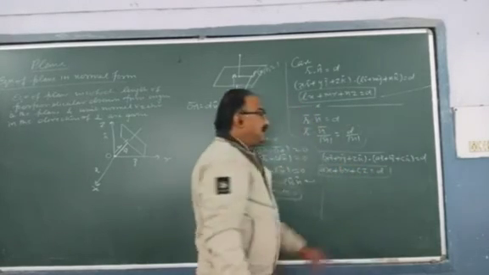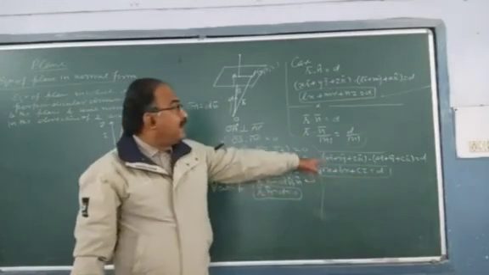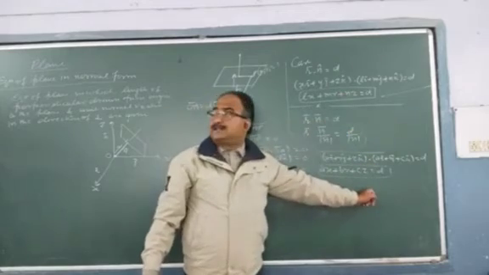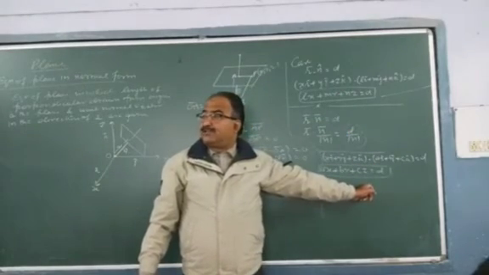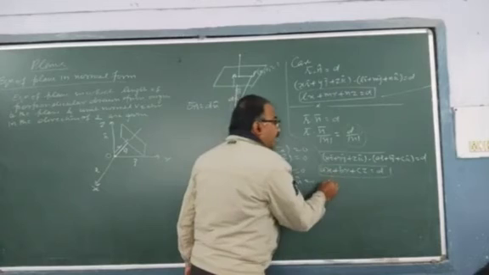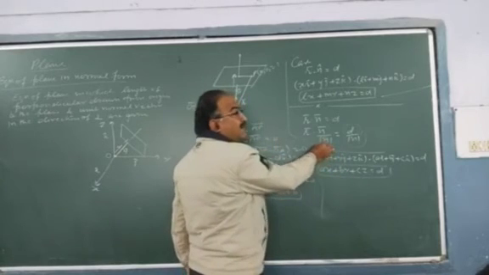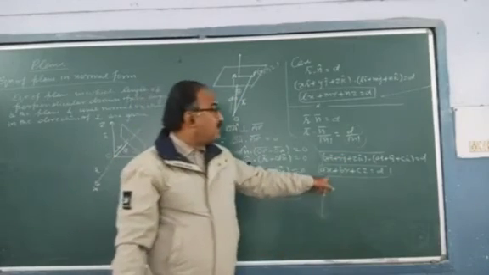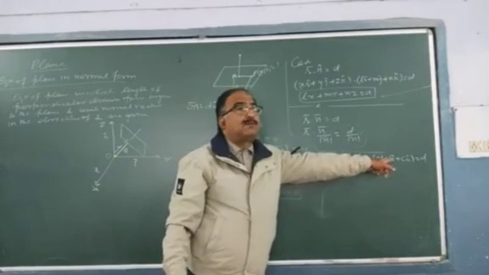Now d is not the distance here. Here d is not the distance of the plane from the origin. So that's why we divide this. As you see, we have divided both sides by the magnitude of n. Similarly, here we divide both sides by root a square plus b square plus c square.